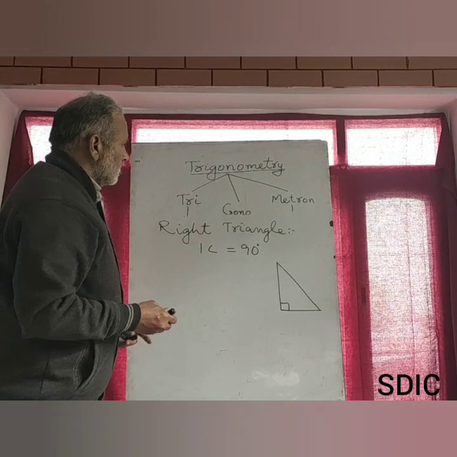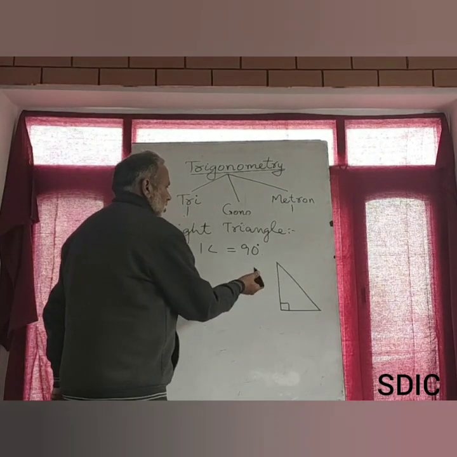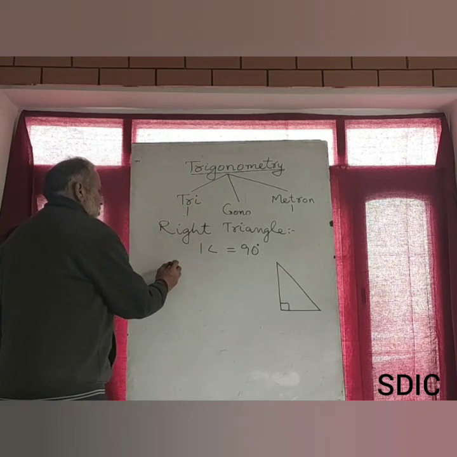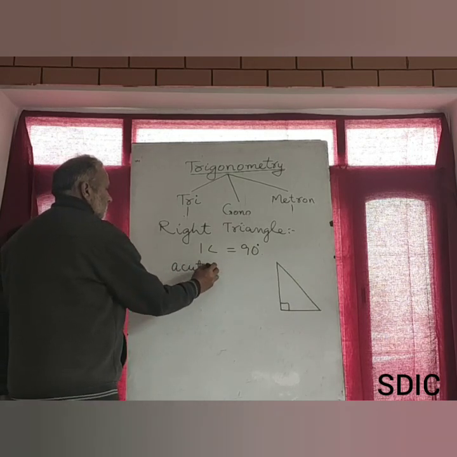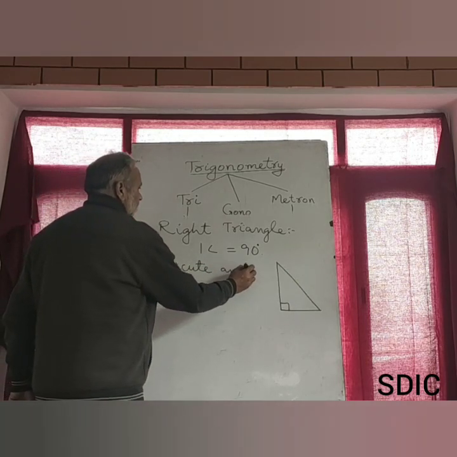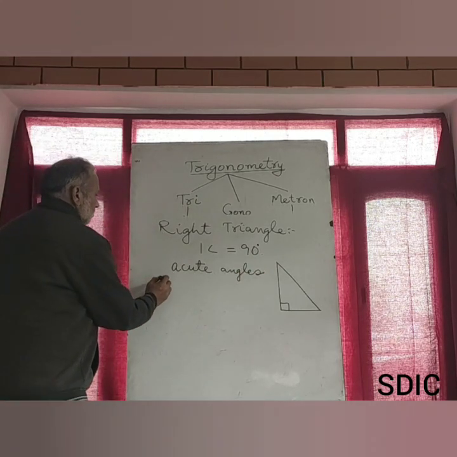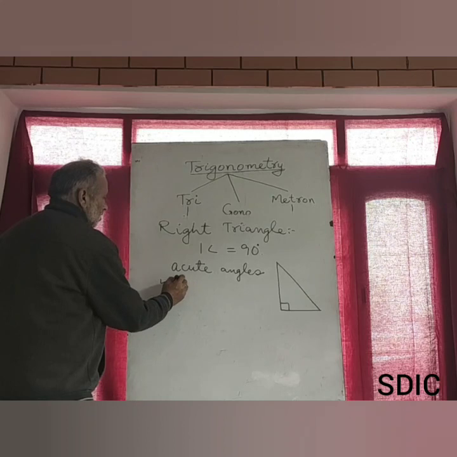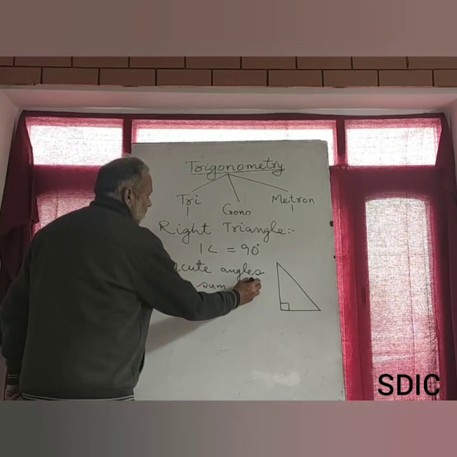This triangle has two remaining angles as acute angles, with sum equal to 90 degrees.